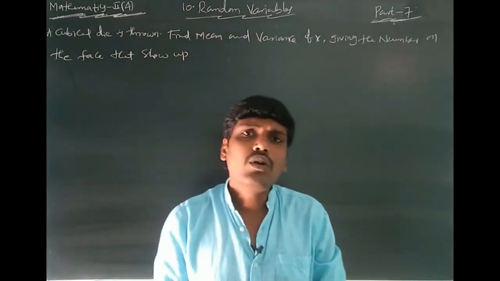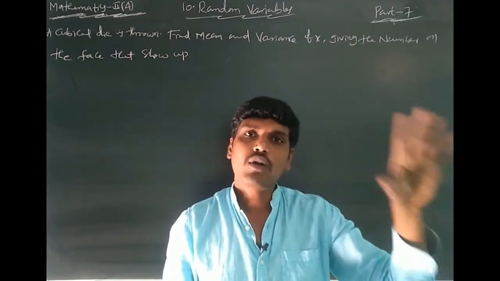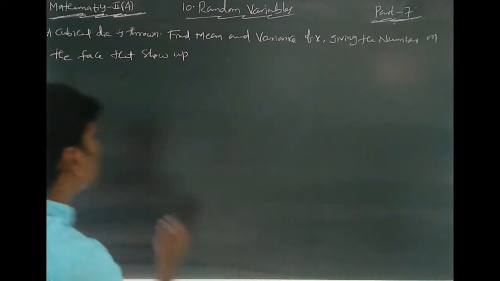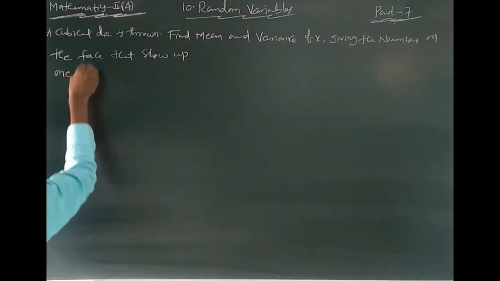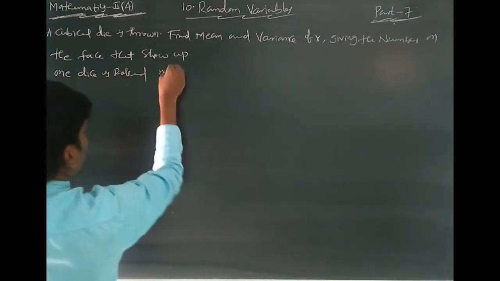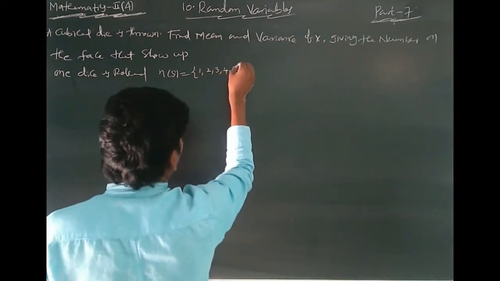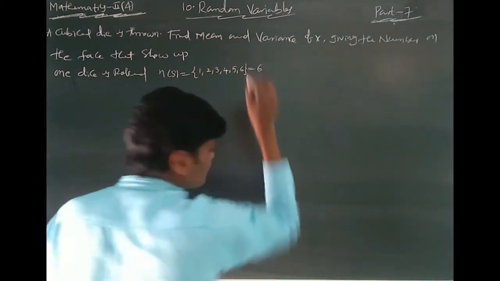When one die is rolled, how many numbers can show? 1 or 2 or 3 or 4 or 5 or 6. That's why, first of all, one dice is rolled. What is the sample space? 1, 2, 3, 4, 5, 6, total 6.